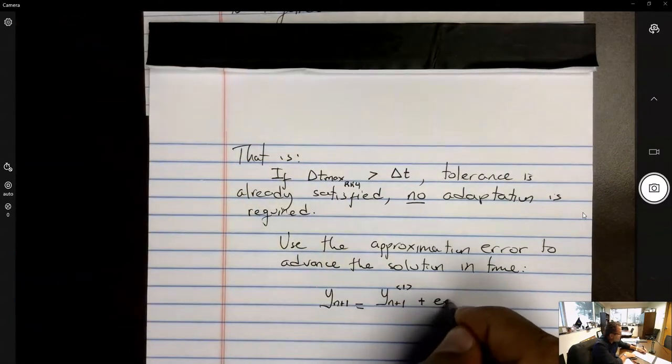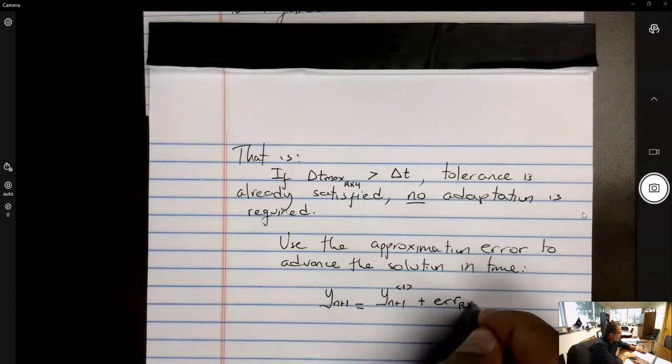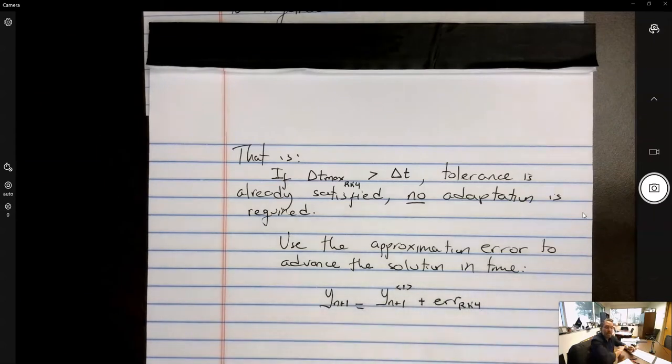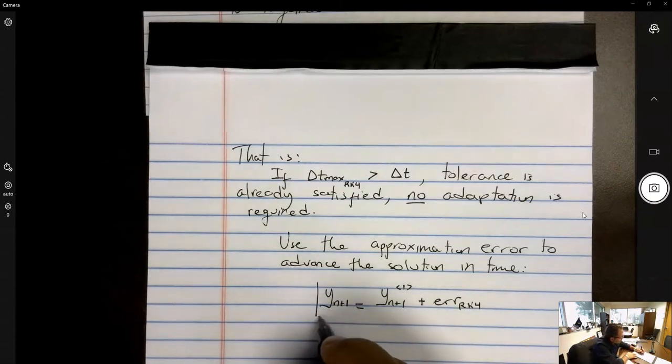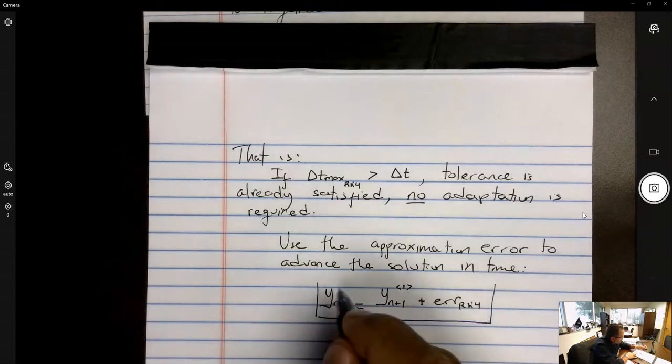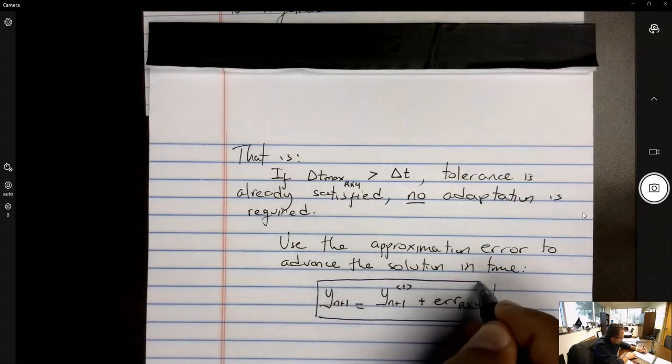But you're going to add this error of RungeKutta 4 that you calculated, which uses the difference of yn plus 1 and yn plus 2 with a 15/16th or 16/15th factor in it. So that is your new estimate of the solution, and that's the one that you're going to use to advance to the next time level, n plus 2.